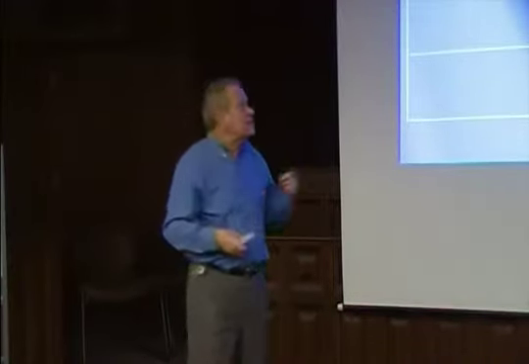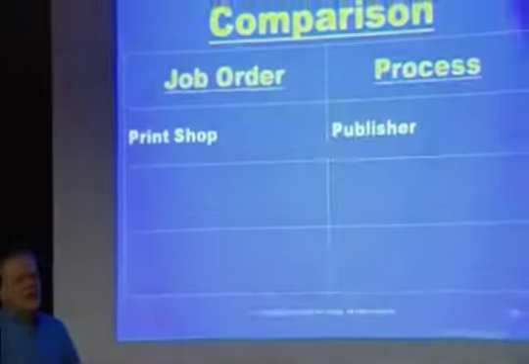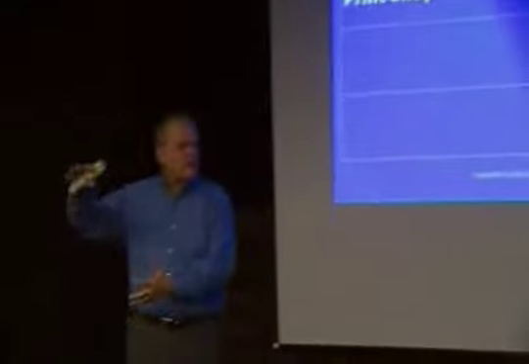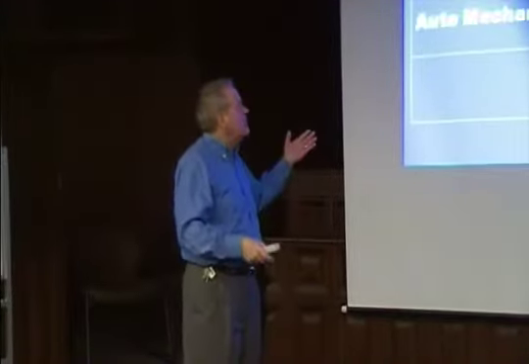It's going to be produced to our specifications, compared to the publisher of the accounting textbook that's going to produce thousands and thousands and thousands of them that are just alike. Both printing applications, but distinctly different in the way the cost system would work to accumulate and report the information.